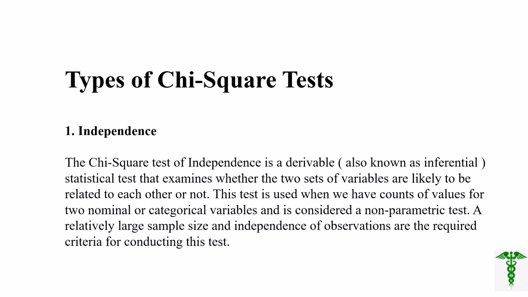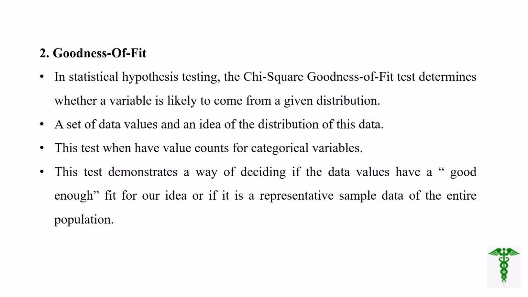We can use this test when we have counts of values for nominal or categorical data. A relatively large sample is required, and that is the main criterion for conducting this test.